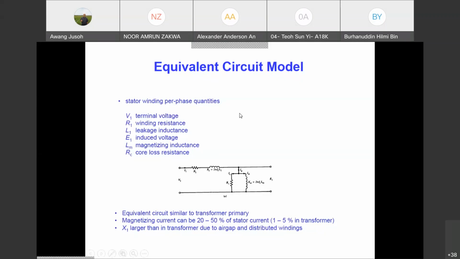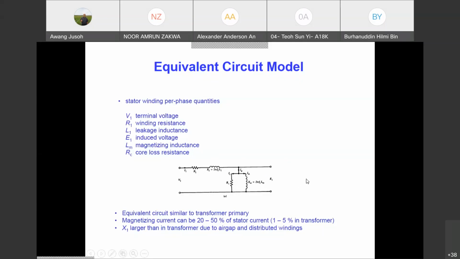X1 for the machine is normally larger than for the transformer. Basically machine and transformer have the same structure, right? In the transformer we have primary winding and secondary winding, and both use the same frequency: the primary uses F1, the secondary also F1. But in our AC machine, the induction motor is different. We have stator and rotor, and we have a rotational part.